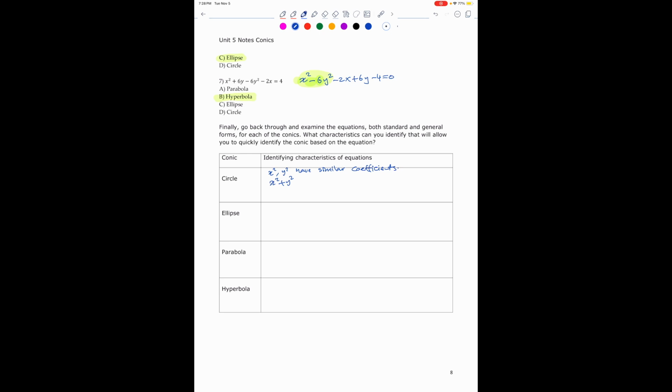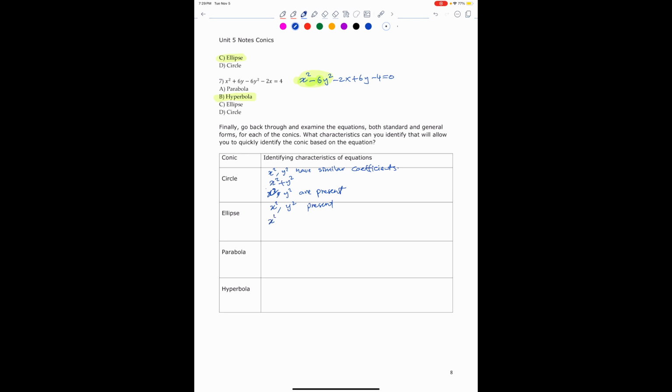The ellipse, again, both x squared and y squared are going to be present, so you'll see them. Same here, x squared and y squared are present, meaning you can see both of them. None of them is missing. And then the coefficients of x squared and y squared are different but positive.